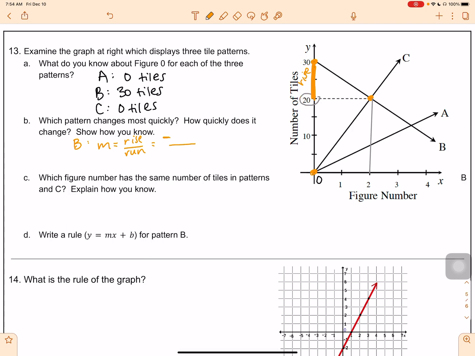So that's a change of 10 for my rise. And then my run going to the right, this is the run, from 0 to 2, that's a change of 2. Okay, so negative 10 over 2, which equals negative 5. So that is the slope for pattern B.